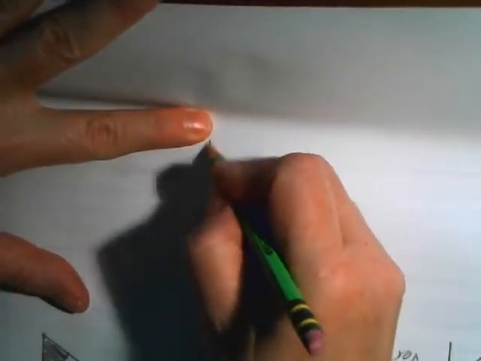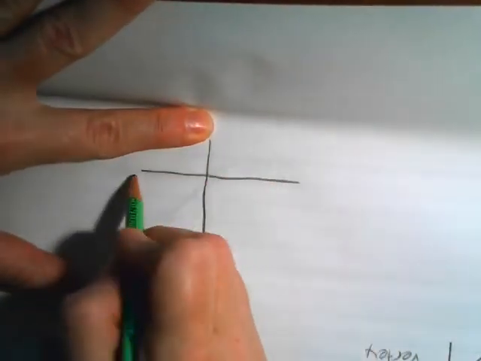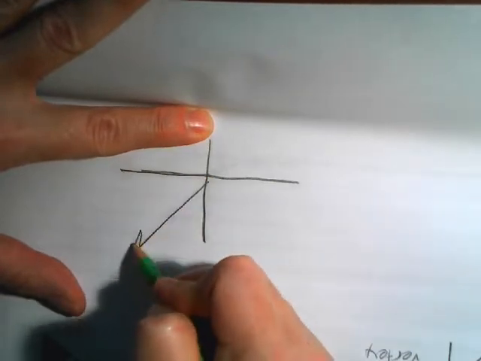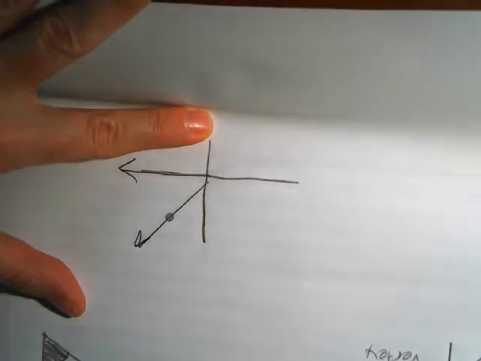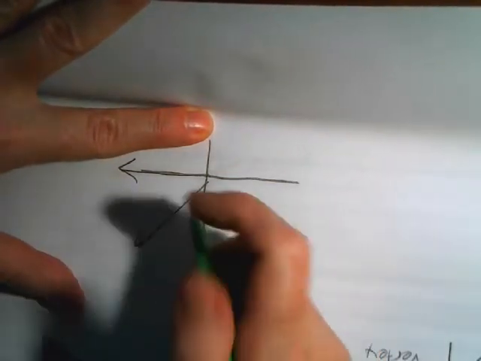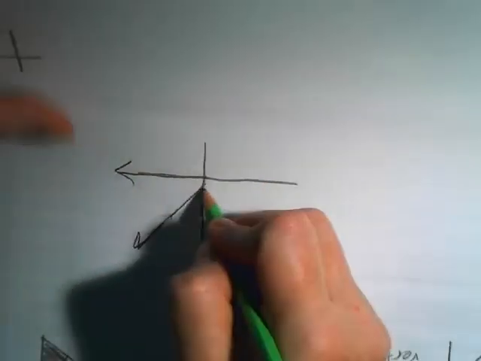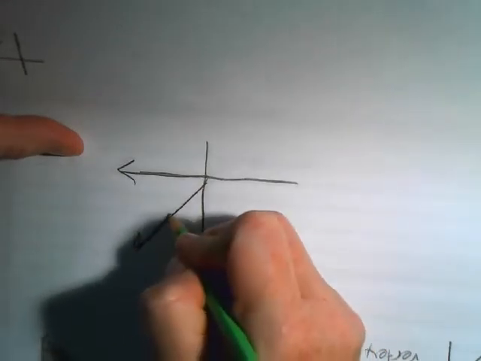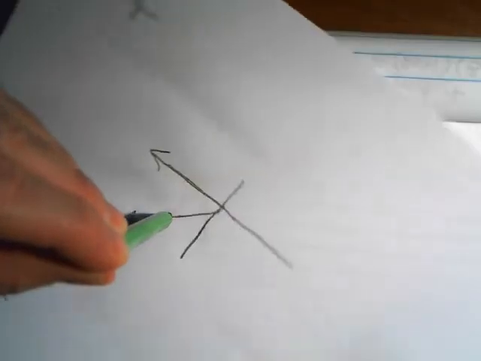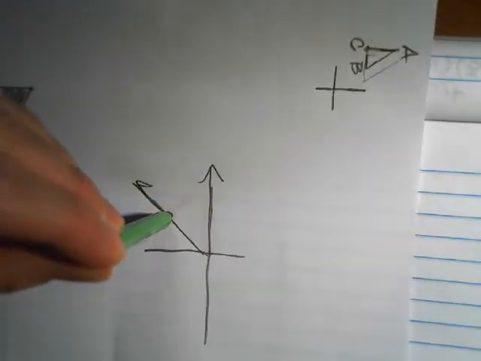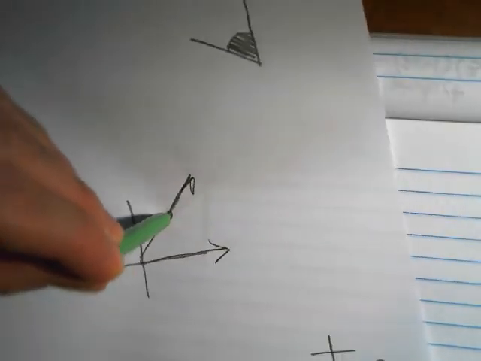Okay, I'm going to trace it again. Here's my XY axis. Here's my original angle. Here's the point that we are going to rotate. Okay, I'm going to pick this up and rotate it 180 degrees. There's 90 degrees. There's 180 degrees.